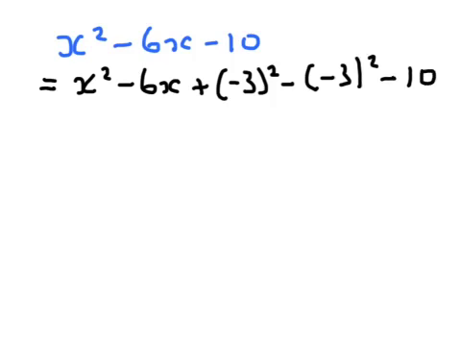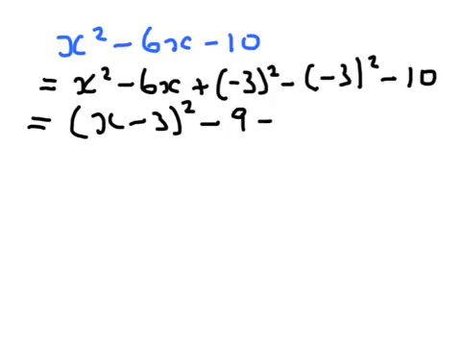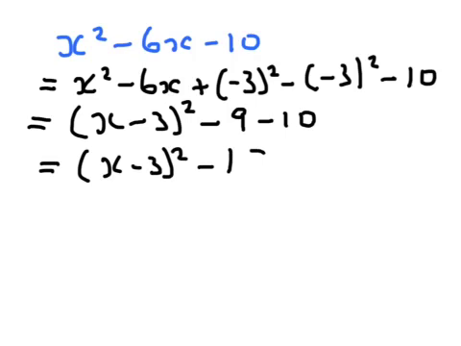Okay, so what we can do is now form a perfect square out of this part of the expression, and it's really easy to do. We say it's x minus 3, notice where the minus 3 comes from, all squared, and then we've got minus, now negative 3 squared is positive 9 minus 10. And what we have from there is x minus 3 all squared minus 19.